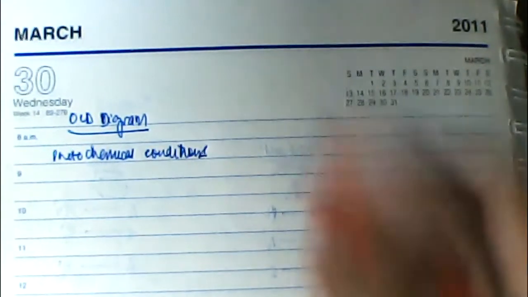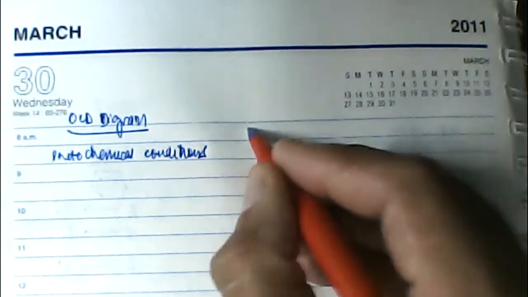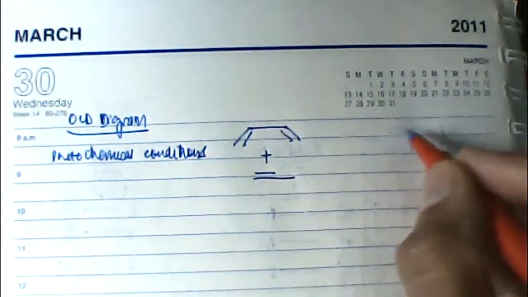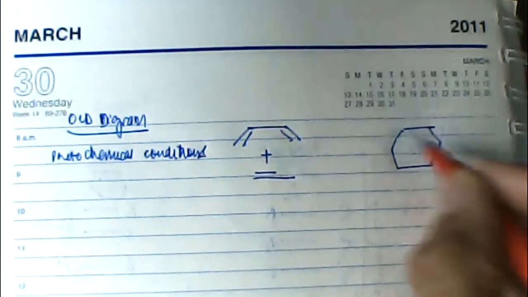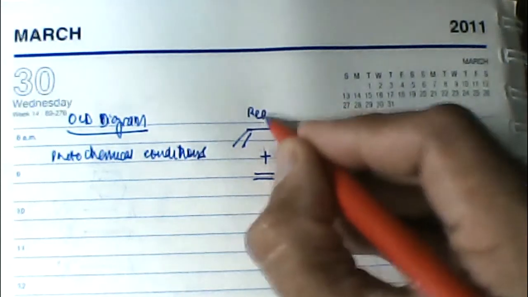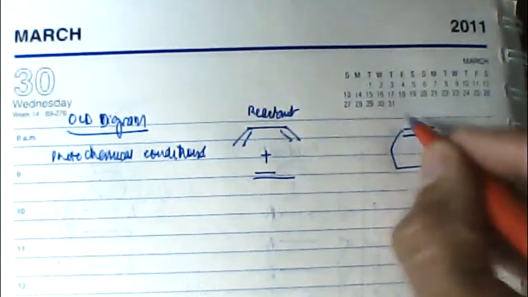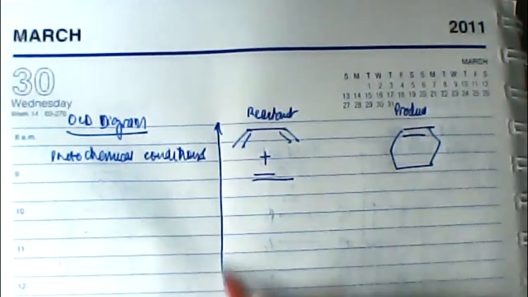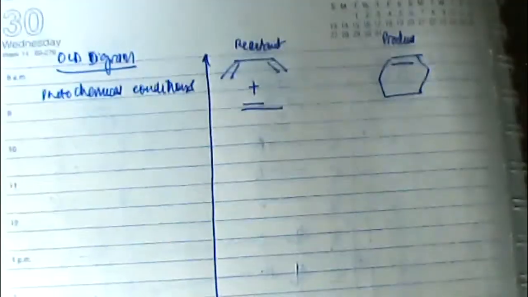Again, I need to draw the molecular orbitals corresponding to the reactants. What was my reactant? Butadiene and ethene. And the molecular orbitals corresponding to my product. This is the reactant, this is the product, and I want to draw the OCD approach. While drawing it, I draw the reactant molecular orbitals.